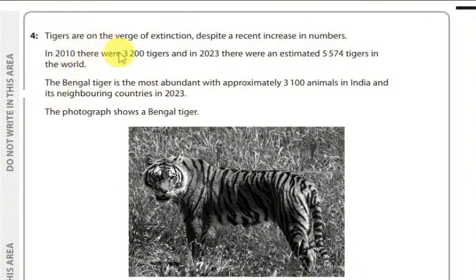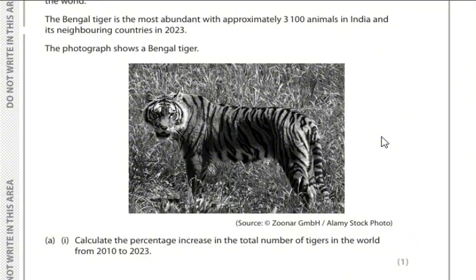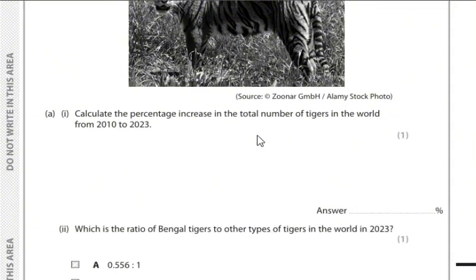In 2010, there were 3,200 tigers, and in 2023, there were an estimated 5,574 tigers in the world. The Bengal tiger is the most abundant with approximately 3,100 animals in India and its neighboring countries in 2023. It shows Bengal tiger. So let's move on to the question.